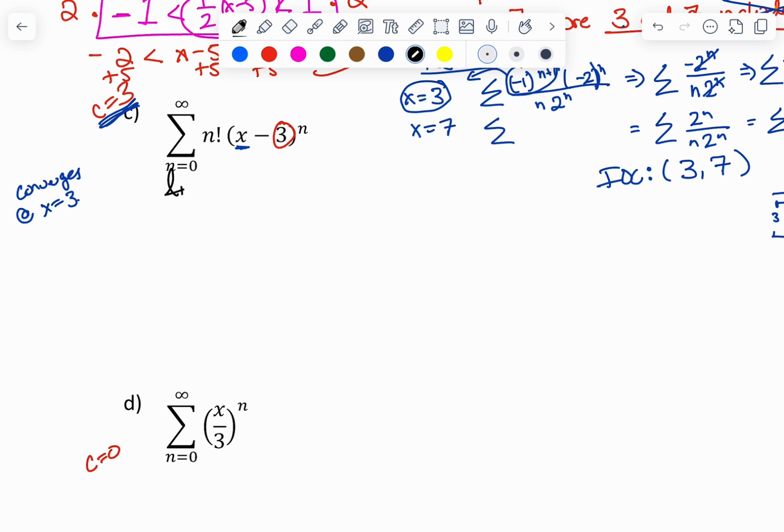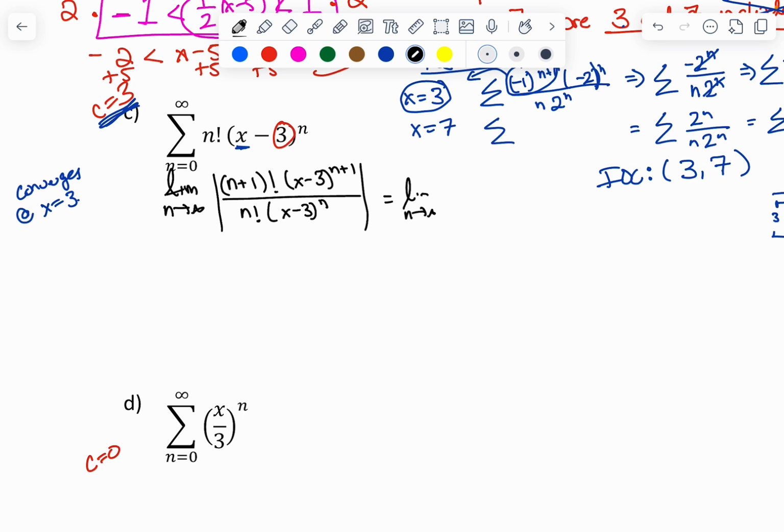So ratio test it is. Limit as n approaches infinity of (n plus 1) factorial times (x minus 3)^(n+1) divided by n factorial times (x minus 3)^n, absolute values.